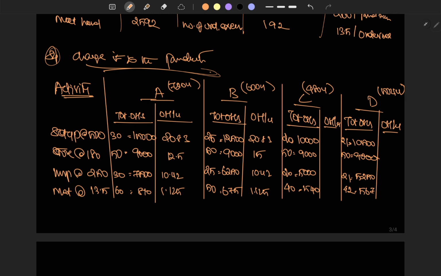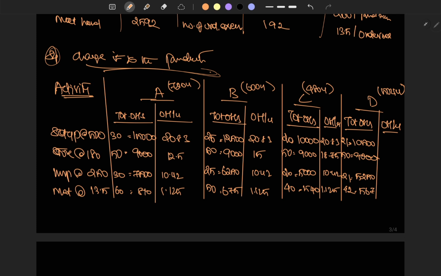For C, 10,000 divided by 480 gives us 20.83. 9,000 divided by 480 gives us 18.75. 5,000 divided by 480 gives us 10.42. 540 divided by 480 gives us 1.125.